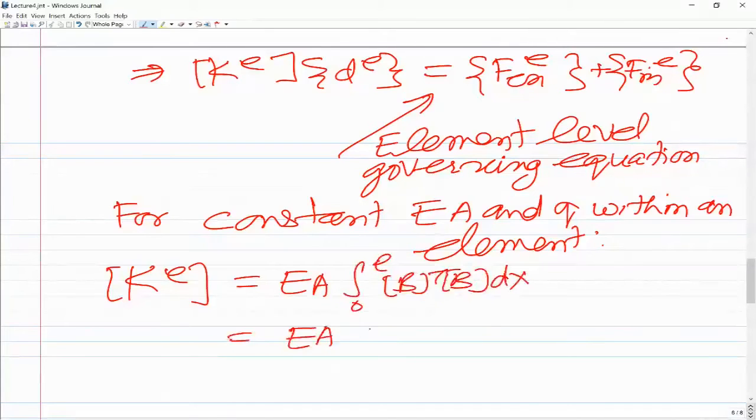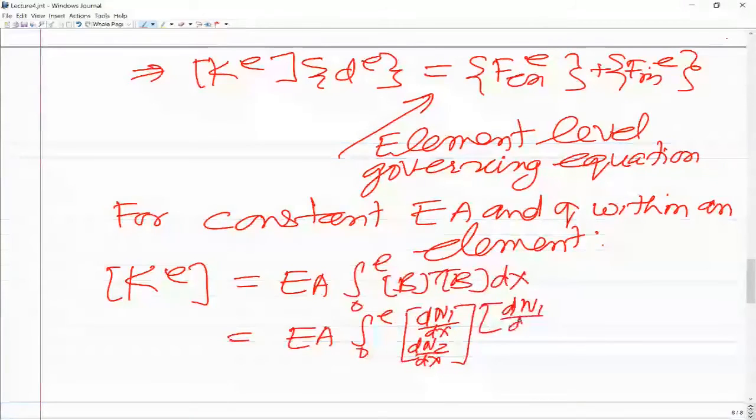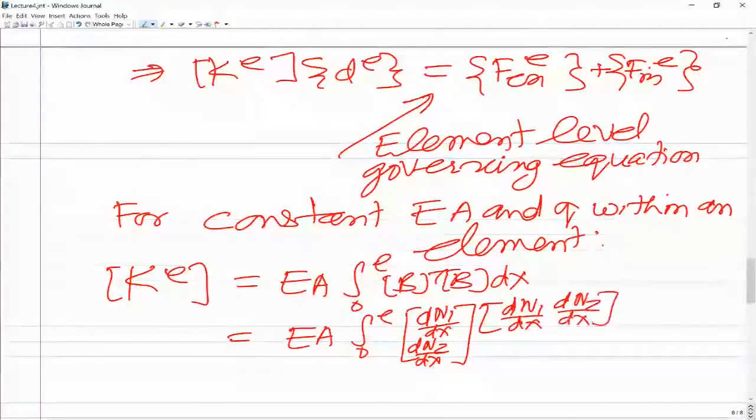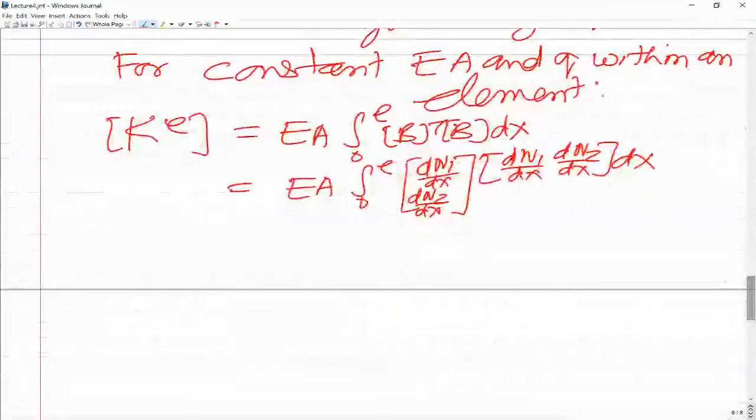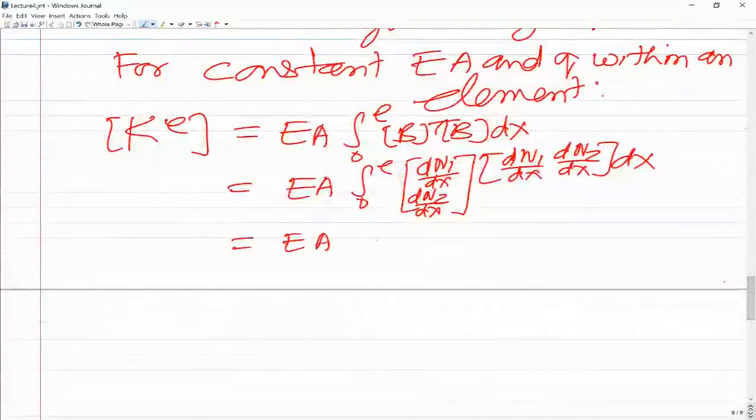And we have already said that B is nothing but dN1 by dx, dN2 by dx. If we take its transpose, it will become a column vector. So dN1 by dx, dN2 by dx into B, which is dN1 by dx, dN2 by dx, and into dx. If you multiply these two vectors, it will become a 2 by 2 matrix.